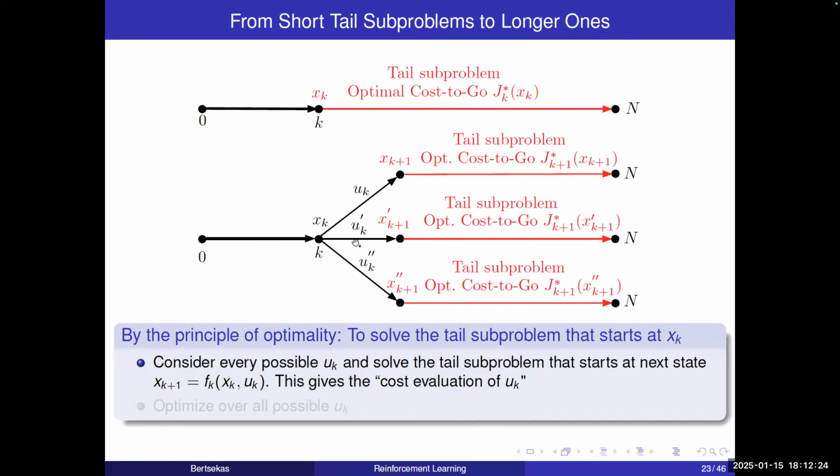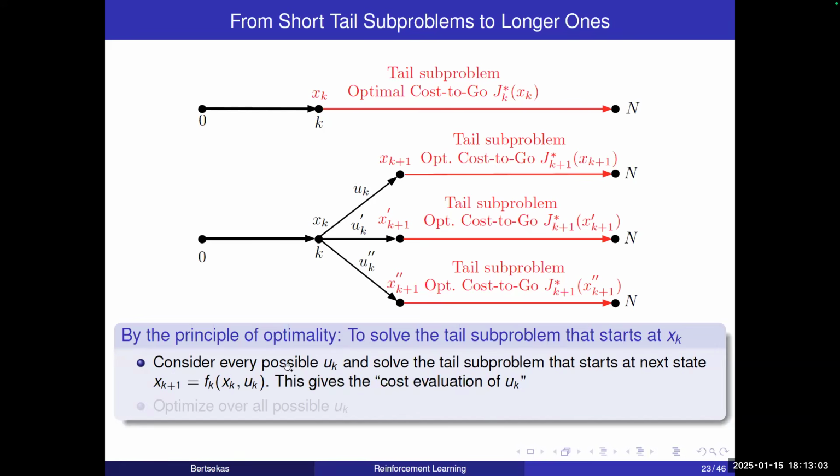So by concatenating this uk prime with the remaining optimal control sequence, we immediately get the optimal control sequence for this tail subproblem. As a result, instead of considering all the control sequences starting from xk, we only need to consider the available control options at stage k, concatenate the remaining optimal sequence, and compare those options.